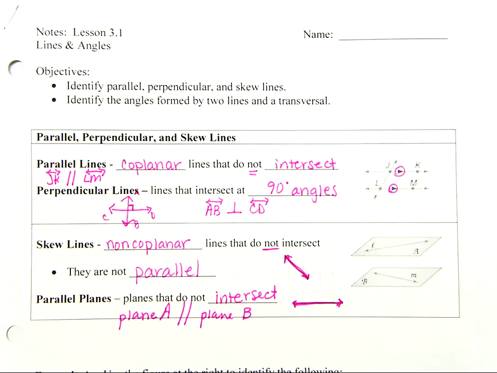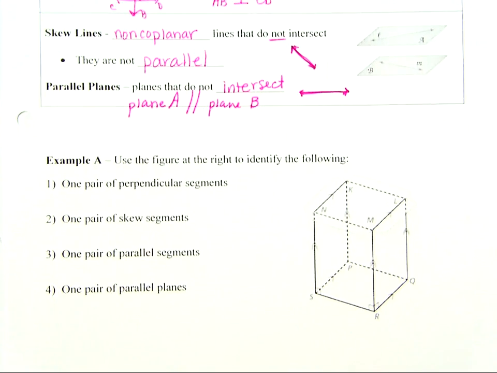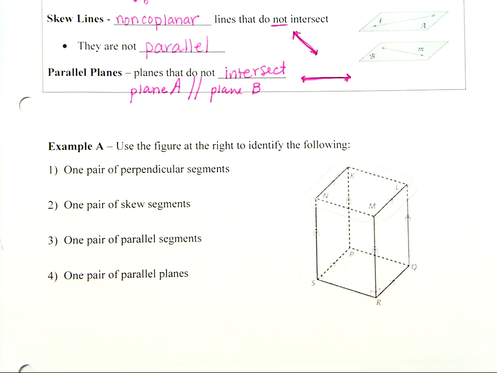Down below in example A, they are asking us to identify some pairs of segments. And I'll tell you that there is more than one possible answer for these. So as I look at number 1 and it asks me for one pair of perpendicular segments, well, we know that our perpendicular has to be at the 90 degrees, and so we're looking for that 90-degree symbol.